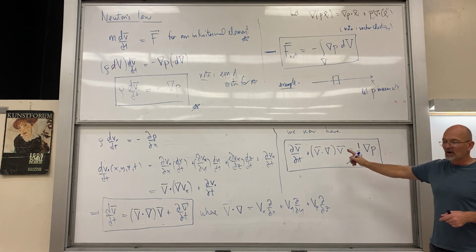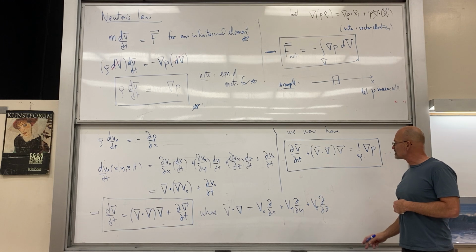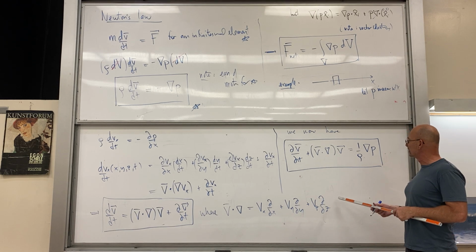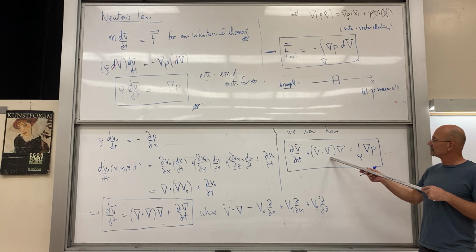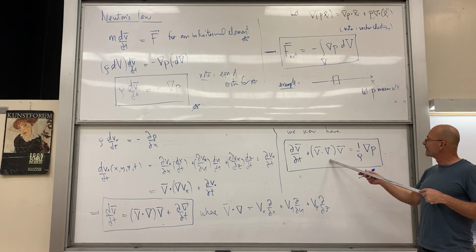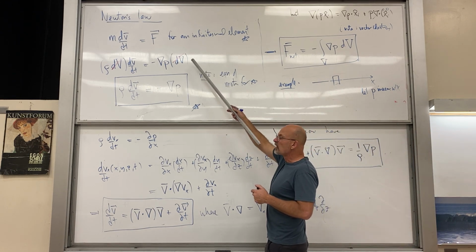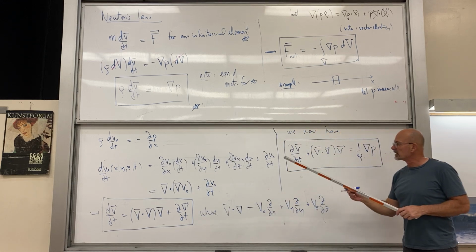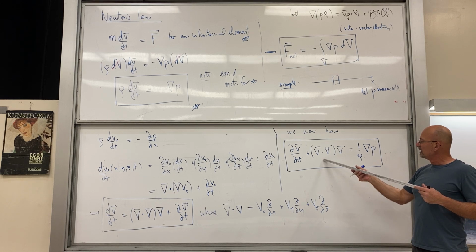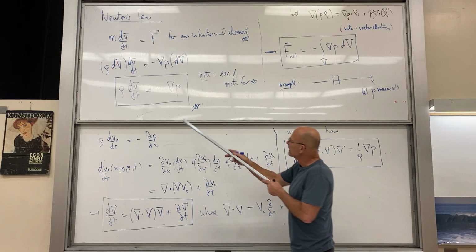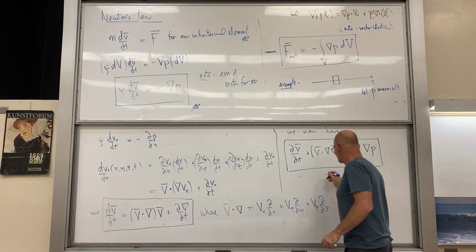And this is the Euler equation. Euler was all over the place. The Euler equation of hydrodynamics and fluid mechanics, highly nonlinear because of this term right here. But from the derivation we see it's Newton's law applied to an infinitesimal volume element, and then that is converted to a field equation right here. So that's the Euler equation.